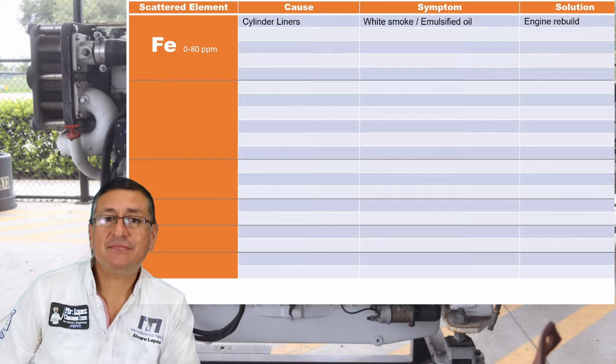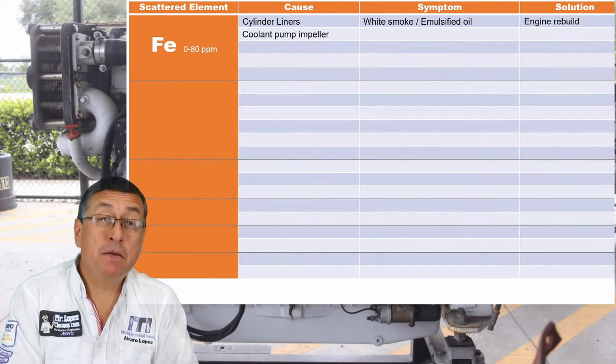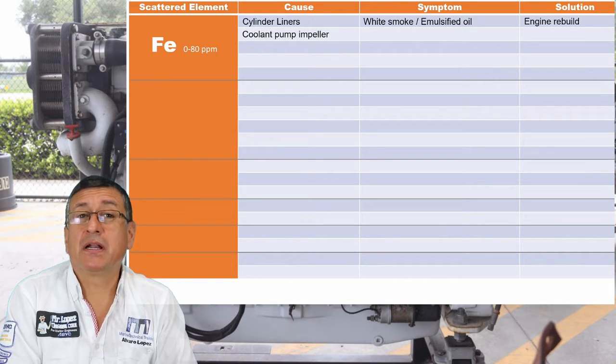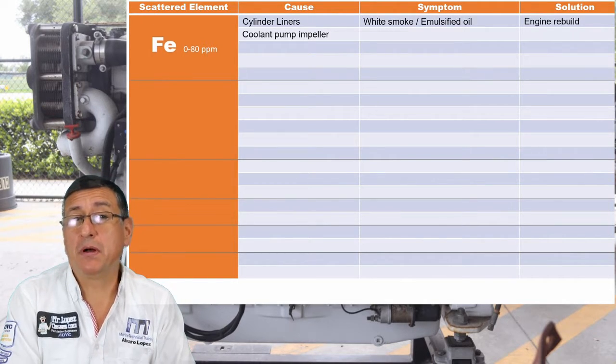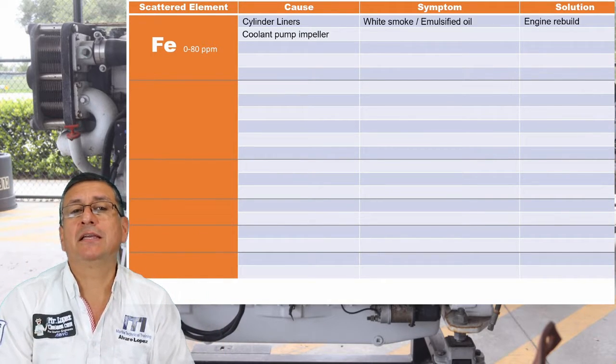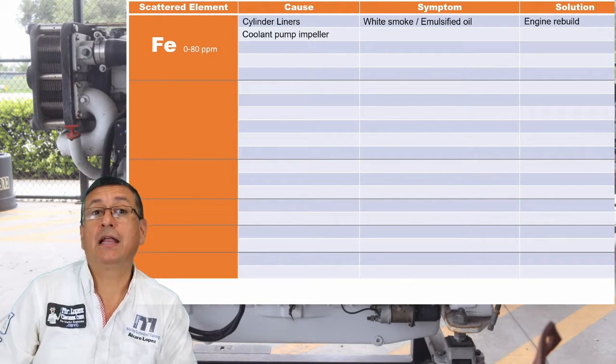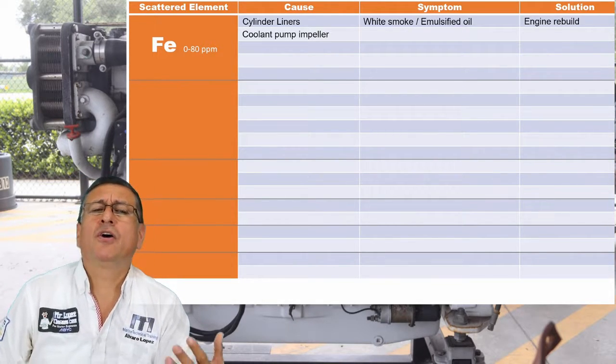Sorry. The second one, where do you find that iron? Yes, in the impeller of the coolant pump. Remember, the majority of the coolant pumps have an aluminum housing, but the impeller is metallic, in a steel alloy. It's a ferrous alloy with high iron content. And what happens when I have a problem on the coolant pump?